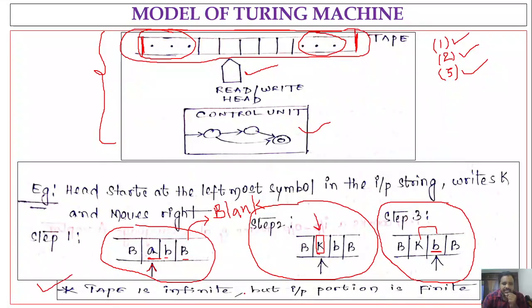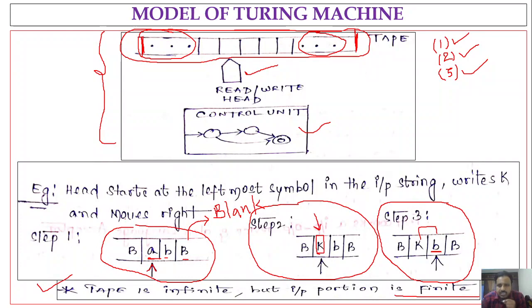Next, this is the last point here. The tape is infinite, but the input portion is finite. We never have the input as infinite. The input portion is finite, and the tape is infinite. You may get a doubt: if we have a finite portion of input in the input tape, then what is the content of the remaining cells? In that case, we consider the blank symbol in all the empty cells of the input tape.